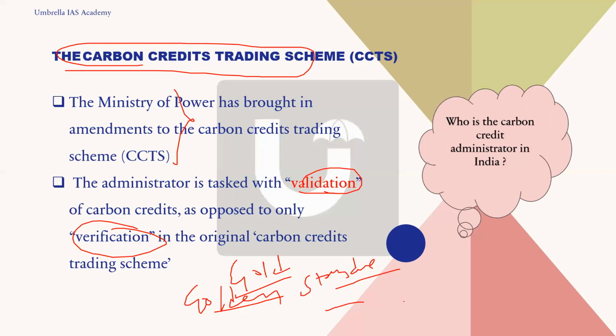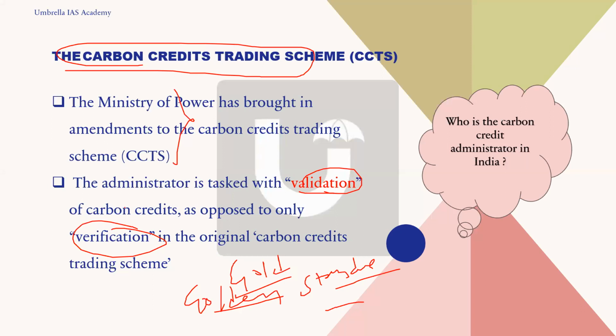These emissions need some standards, right? Some international standards you have to follow. That international standard is called gold standard. So if they ask you a question with reference to the term gold standard, it is basically related to this standard for carbon offset.